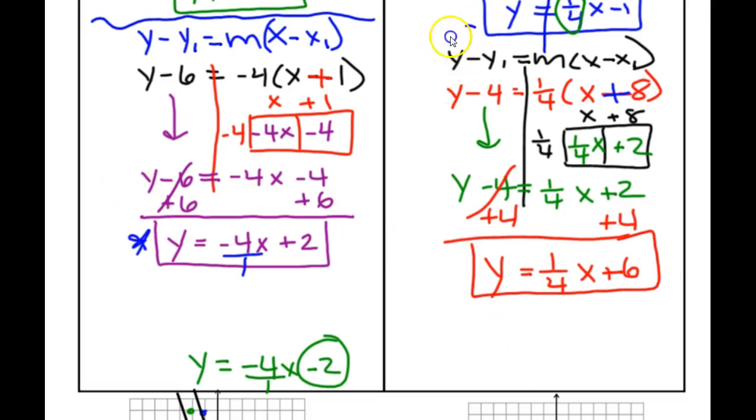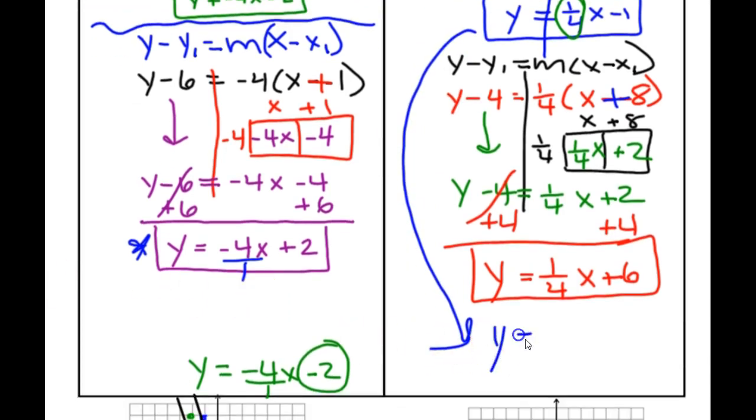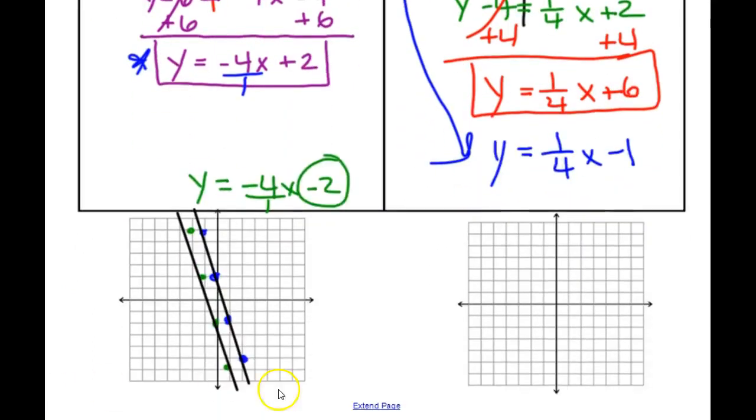I'm going to copy this equation down below here so I can see them both on my graph. y equals 1/4 x minus 1. So if we had to graph these, this red one would begin at plus 6. 1, 2, 3, 4, 5, 6. And our slope would be rise 1, run 4, or down 1, 4 to the left.